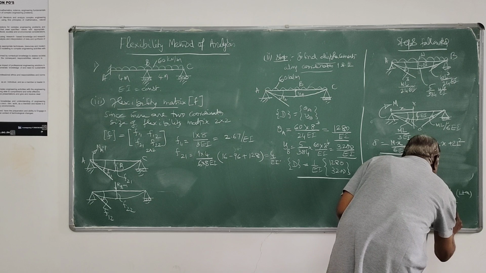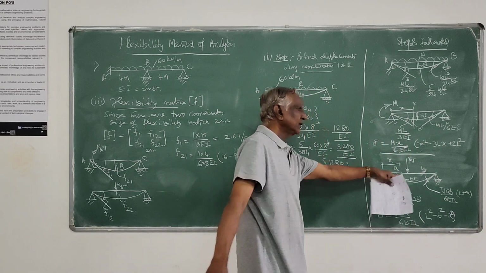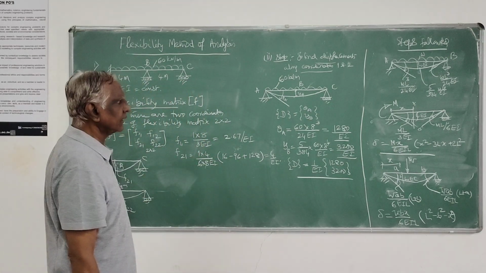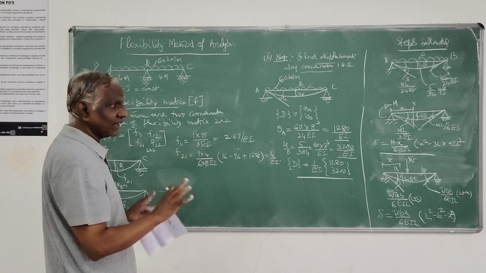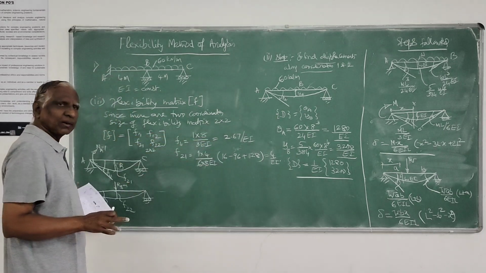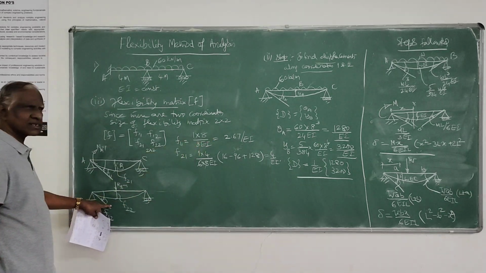This is the formula which you can remember for calculating the slopes and deflection due to eccentric concentrated load. These three standard cases you have to remember so that the problems can be easily solved. Using that, straight away I will do this.